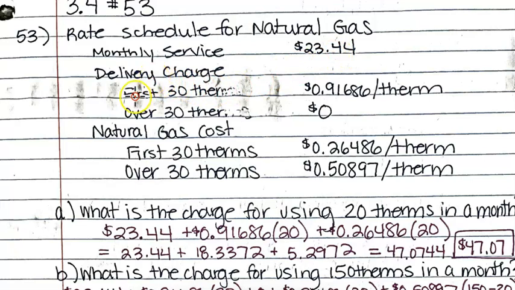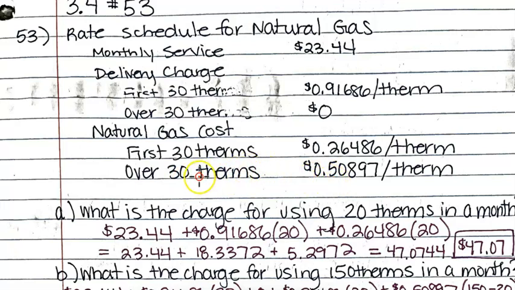The delivery charge, they charge you for any usage. So the first 30 therms are at this rate per therm. Once you go over 30, that's it. So the 0.91686 times 30 is the max charge for delivery. The natural gas cost itself, if you use 30 or fewer therms, you get this smaller rate, but then after that, it hikes up.